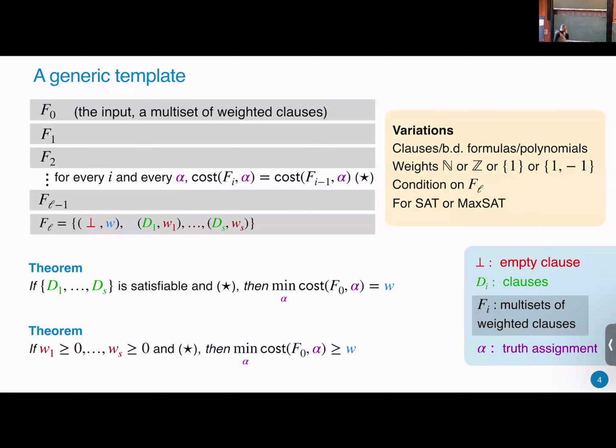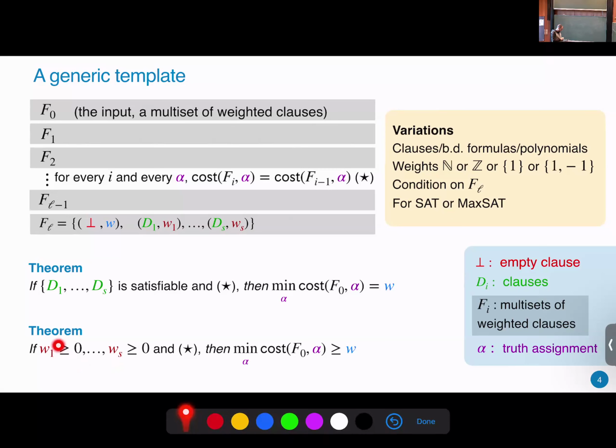The weights could be integer numbers, natural numbers, or just 1, or plus or minus 1. The 1 and plus or minus 1 will correspond to unary versions of the systems. Or we could also change the condition on the final step, which means changing this part to other things, and that will correspond to different systems.